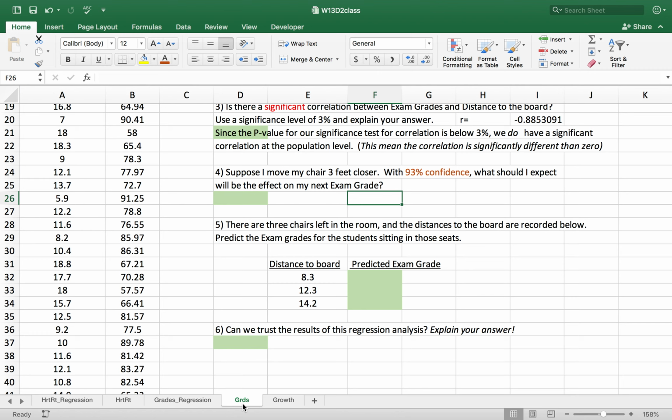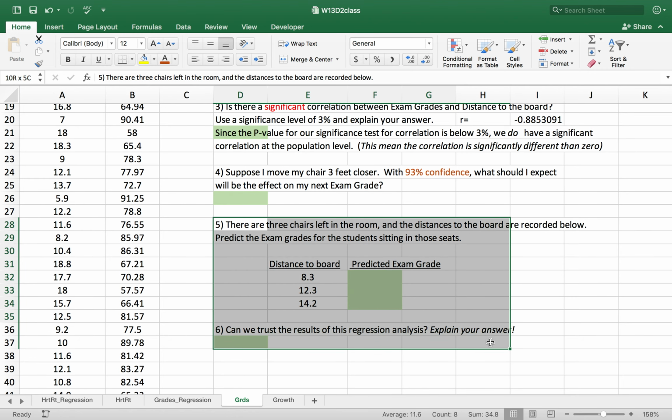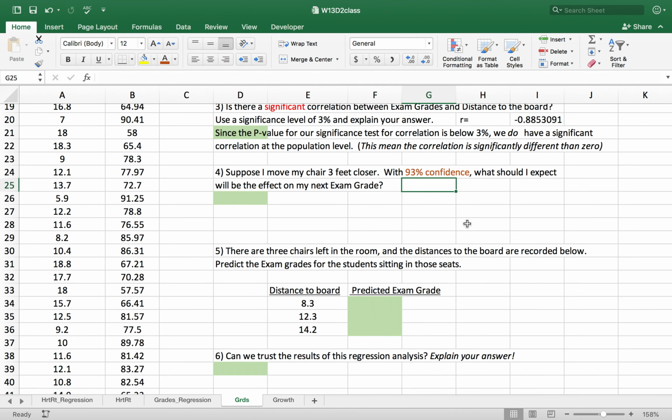All right, so let's talk about the solution here. I'm going to give myself just a little bit more space. Keep in mind, remember the slope of our regression line times change in x roughly predicts the change that I should expect to see in y.